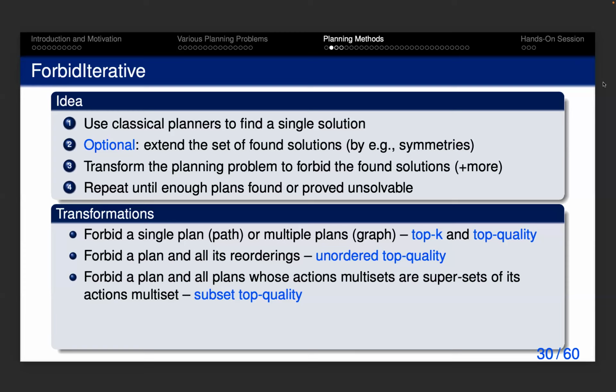Then there was a transformation that forbids all plans that correspond to a given prefix, and that was used in robotics.